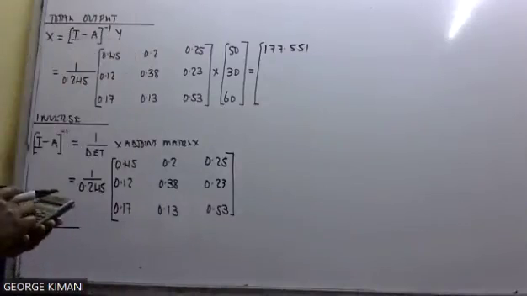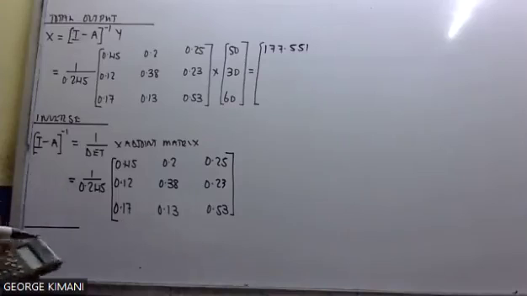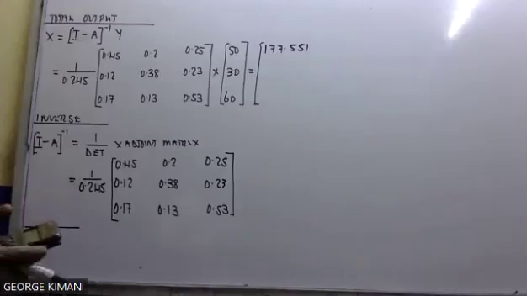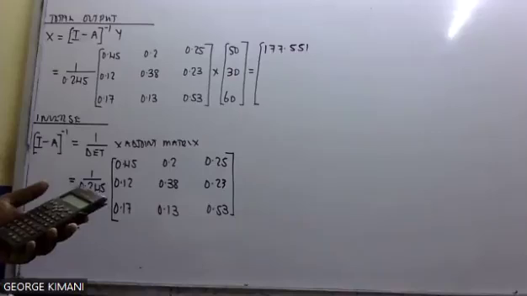The second row is 0.12. When I press answer, it becomes something different.